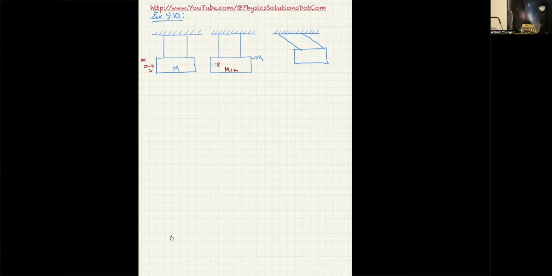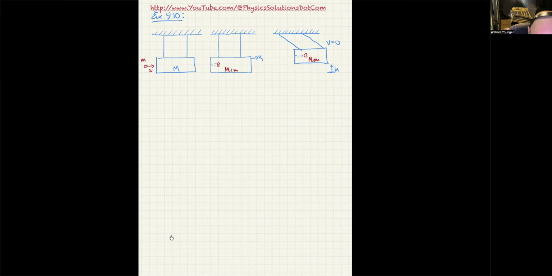At this point, v equals 0, but the height is h. Of course, we still have the bullet embedded in it, so we still have a mass m plus M, like that.